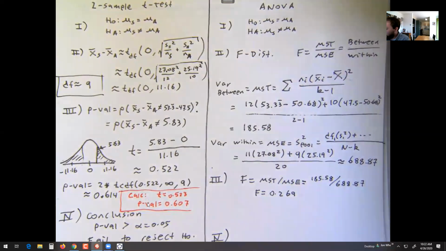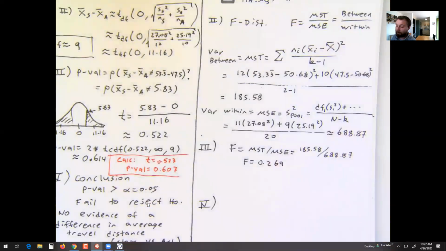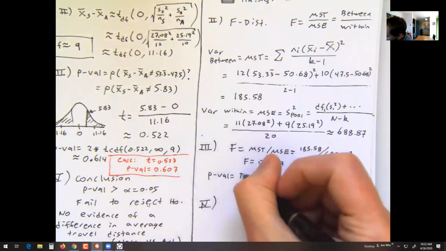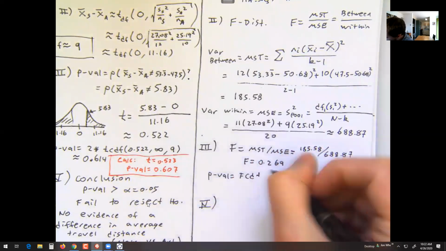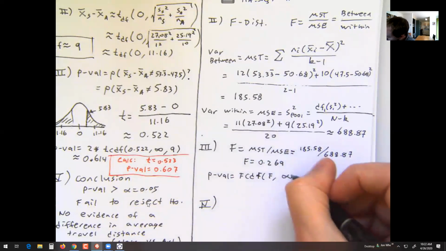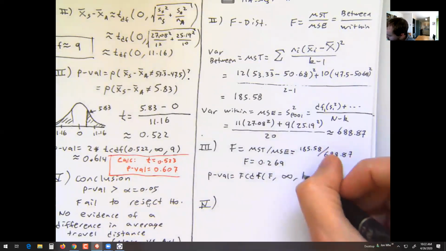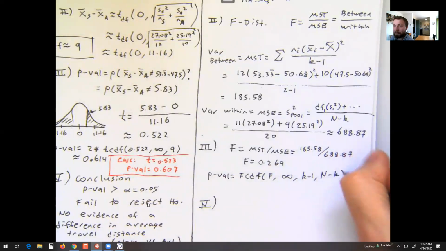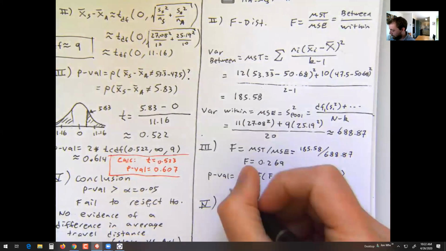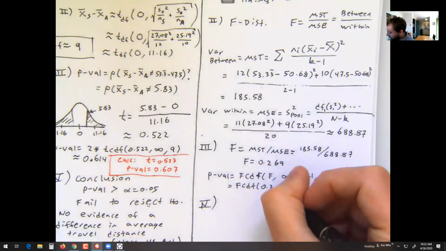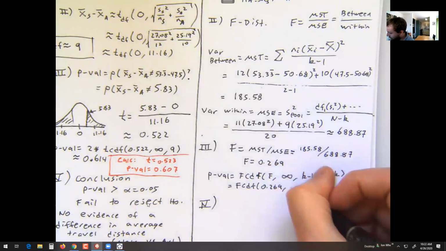To look up your F scores, instead of using TCDF, you're going to use FCDF. So this is going to look like p-value, FCDF, whatever your F score is, comma infinity, your first degree of freedom, k minus 1, your second degree of freedom, capital N minus k. So I have FCDF 0.269, comma infinity.